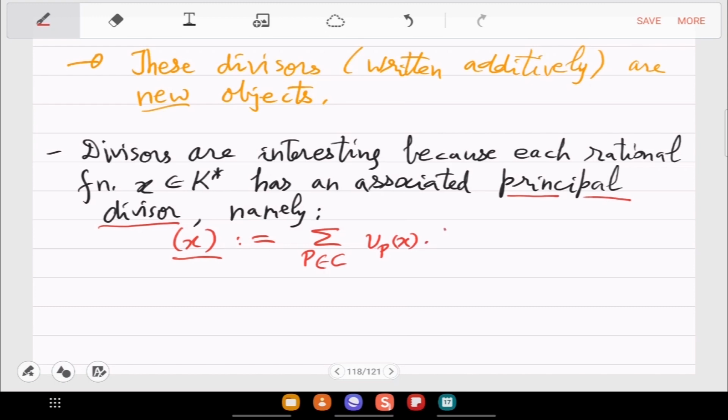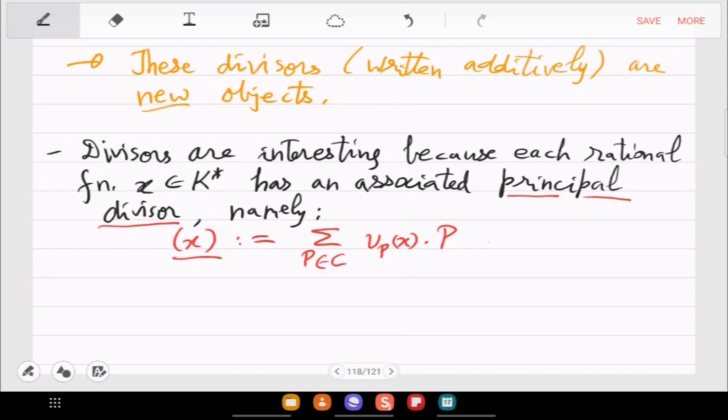look at the valuation. Okay, this is one of the key objects which has inspired us to define the divisor group. For a rational function, you can look at the zeros and their multiplicities, or poles and their multiplicities. It is because the point is actually, you can think about the corresponding DVR, and then the uniformizer will give you the valuation map, and you can just put the valuation of the function x here.